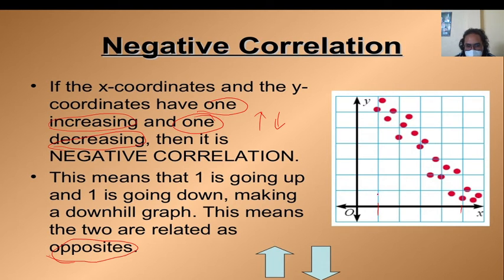Kapag yung isa daw ay going up, dapat daw yung isa ay going down. Ang tawag daw doon ay negative correlation. Kapag si x daw ay going up, si y naman daw ay going down. Yan yung tinatawag na negative correlation. Meron din to, lumabas din sa board exam noong September 2019.